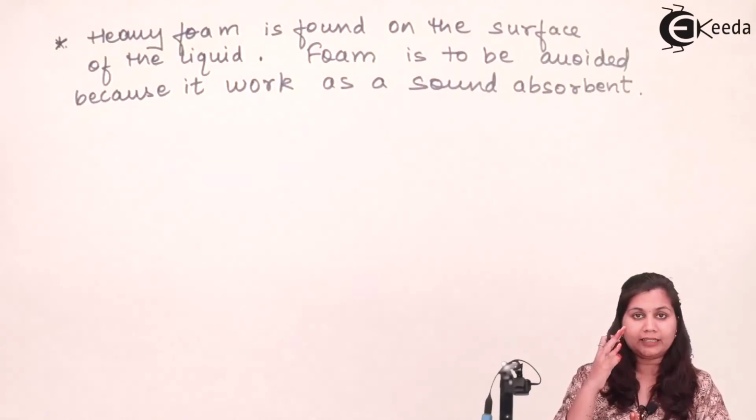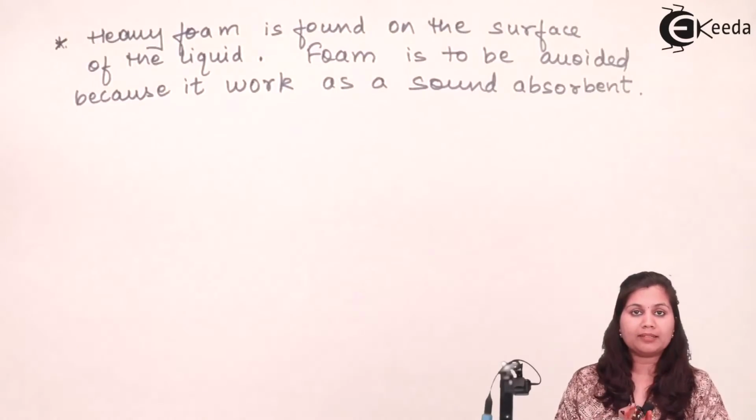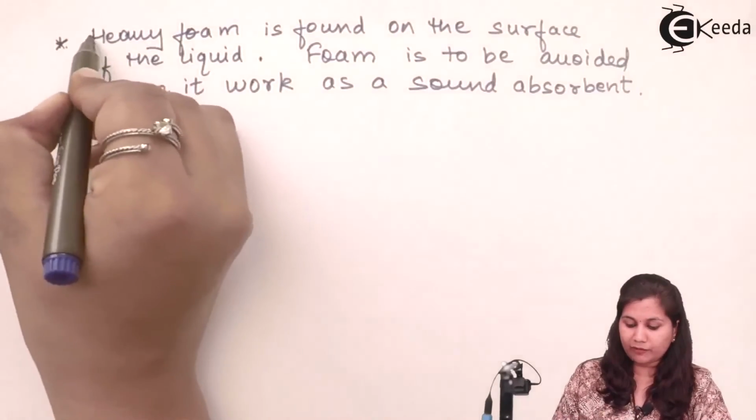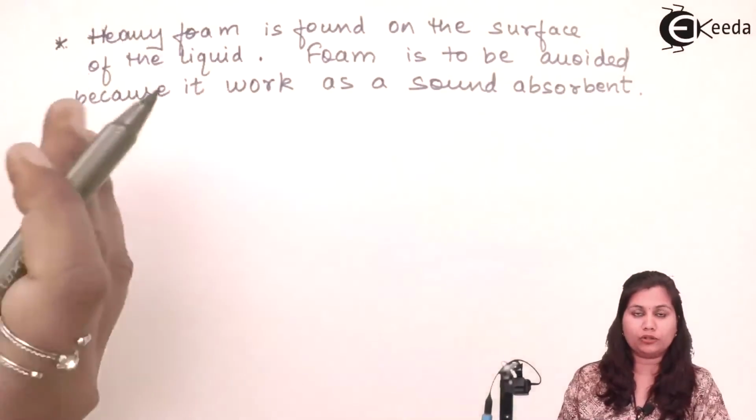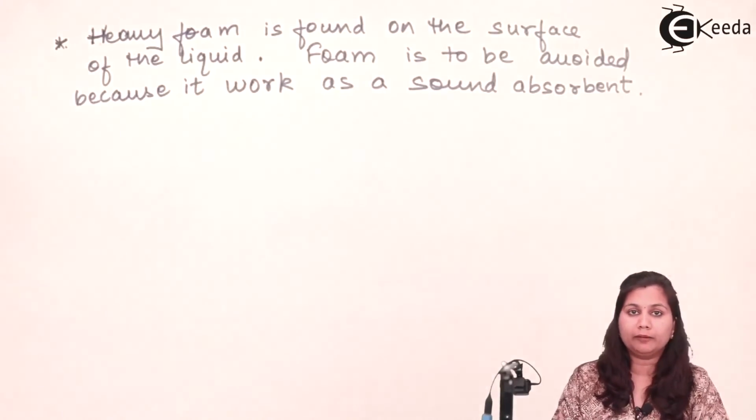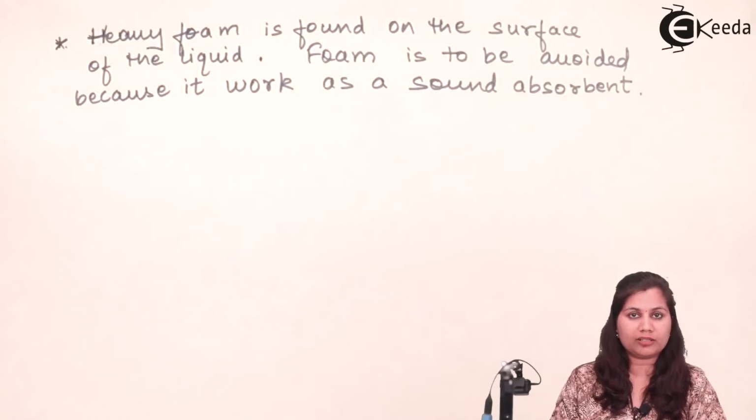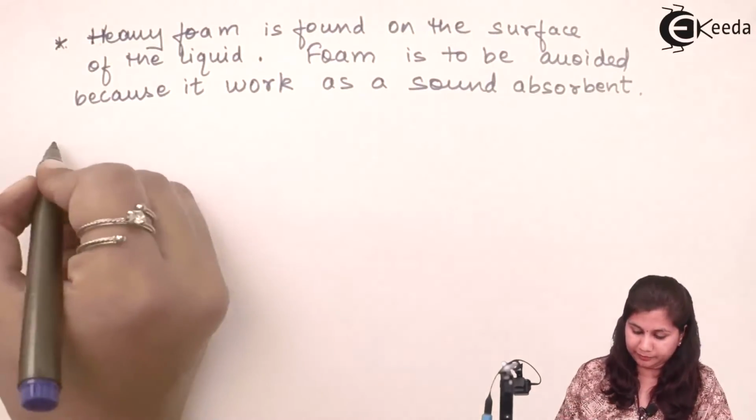So the reflected echoes will be affected, and the measurements of the level will be affected. In cases where we have heavy foam, it should be removed from the surface of the liquid, then only can correct and accurate results be obtained.